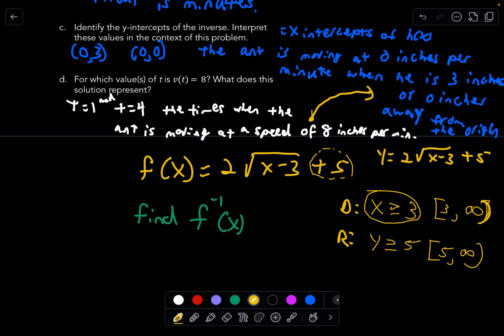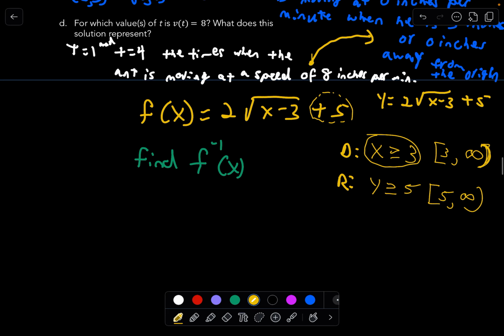Okay? Now, how do you find the inverse? First, change f of x to y, just so you don't get confused. Simple change.